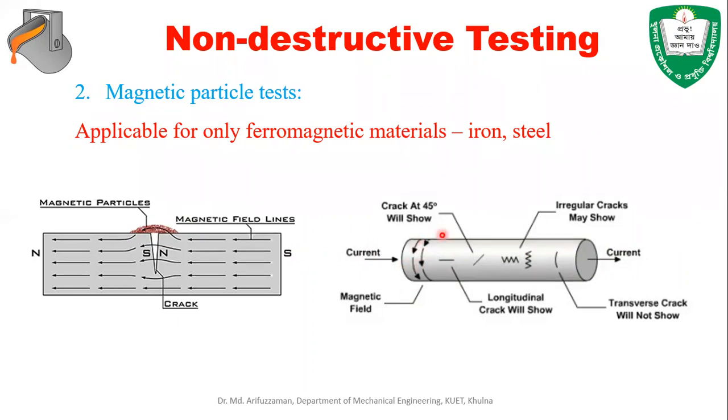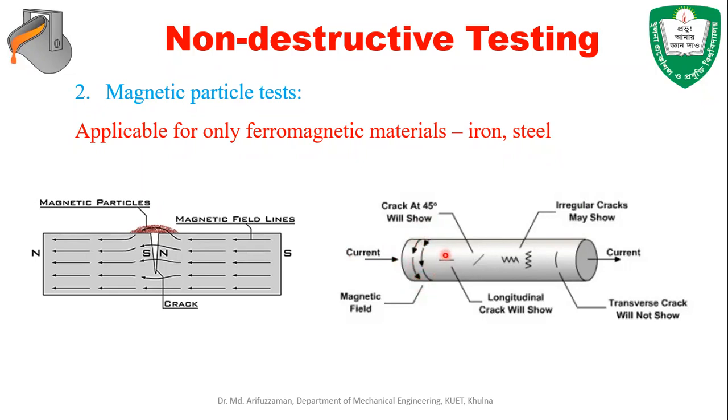Then the magnetic field will be created perpendicular to the direction of current. The current flow direction and the magnetic field direction will be perpendicular, so in this case the field is circular. And using this magnetic field, which cracks can you detect?